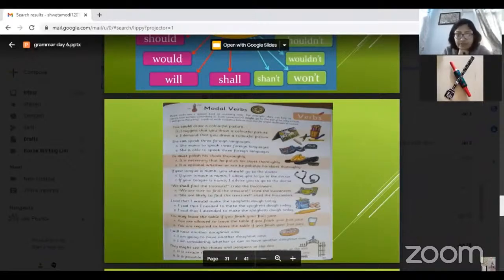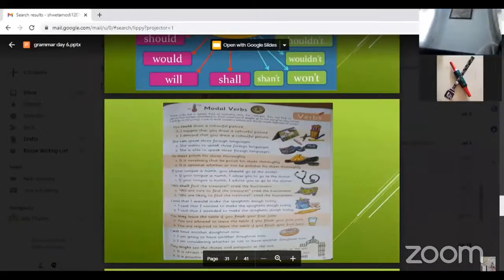I would make. That means I need to or I intend to. I intend to. Yes. आप चाहते हो करना. Okay. You may leave the table. You're allowed to or you're required to? You are required to. Allowed.